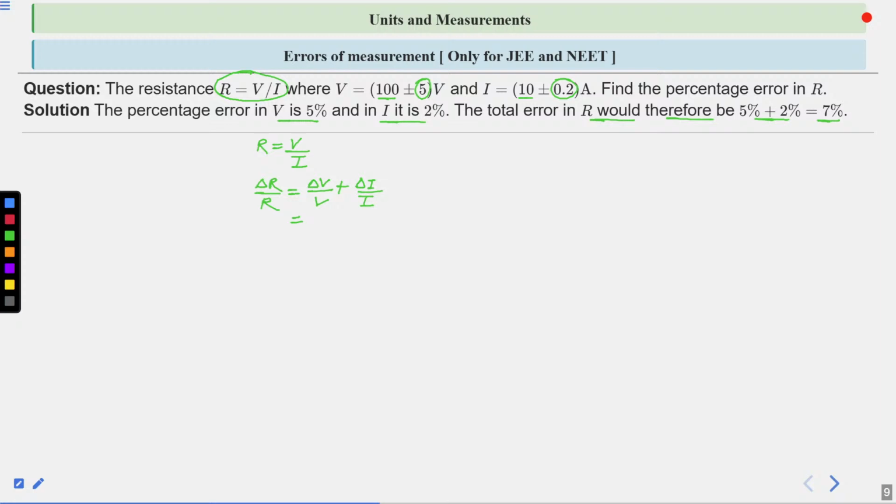So delta V is 5 divided by 100 plus delta I is 0.2 divided by 10.